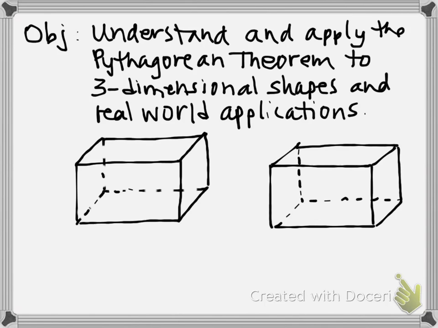Now, what we're going to be dealing with is, let's say I want to pack something into this box, and I want to figure out the biggest thing that I can pack.